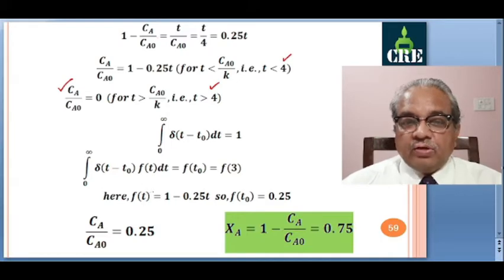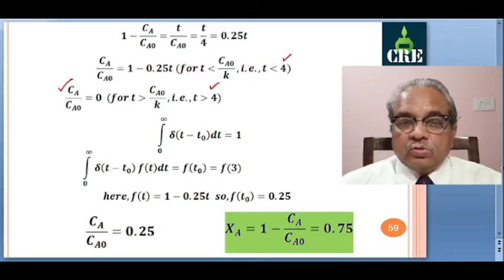So f of t, what is my function? f of t is Ca by Ca0, that is 1 minus 0.25 t. So this is our function, 1 minus 0.25 t, and this is to be converted as f of t0 simply.